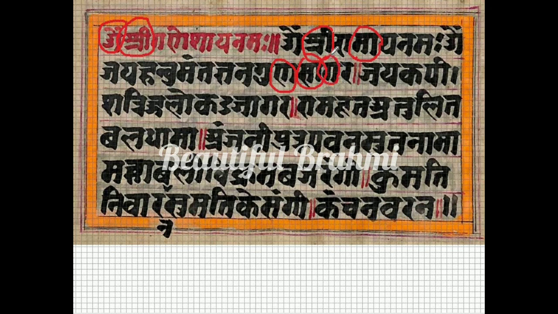It should be noted over here. The Ta and the Na are two other things which appear to be similar in this particular script. It says Jaya Hanumanta Jnana Guna Sagara.